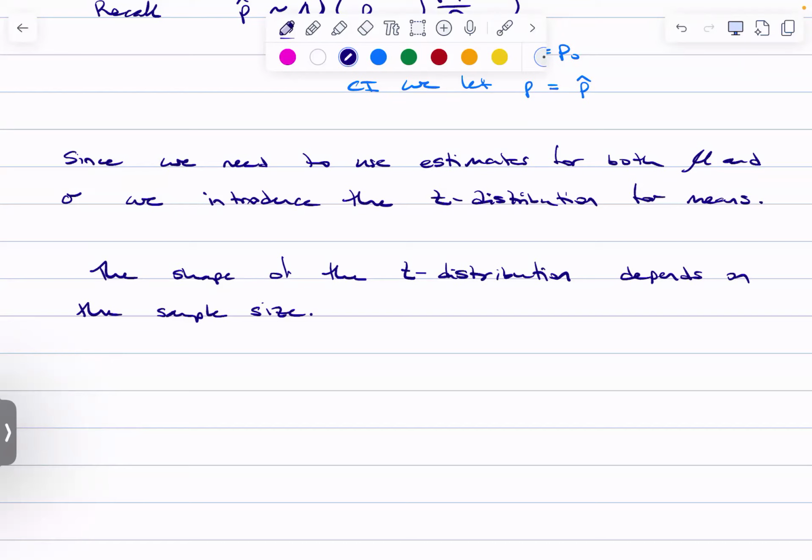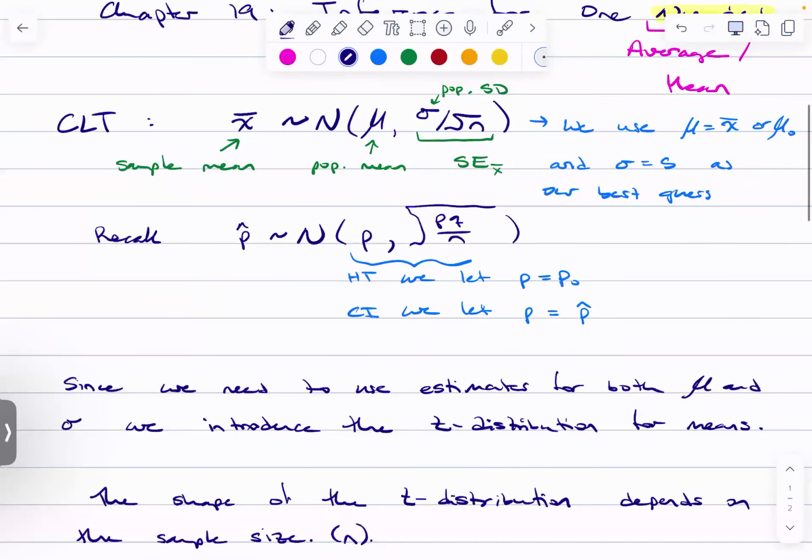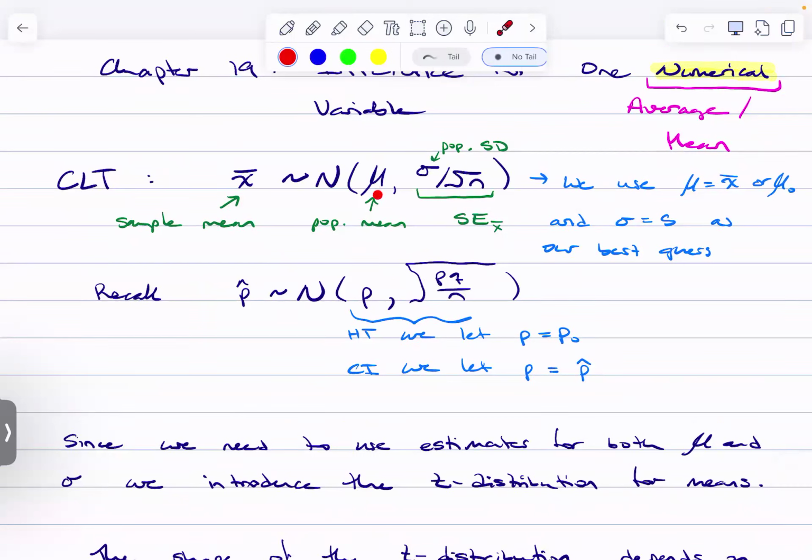Which is our n, right? My x bar, if I have a small sample size, then I'm not very sure of what my x bar is, or how representative of mu it is. So I have a larger spread on my x bar. Then if I increase my sample size, I have a more reliable estimate, and so things kind of tighten up.